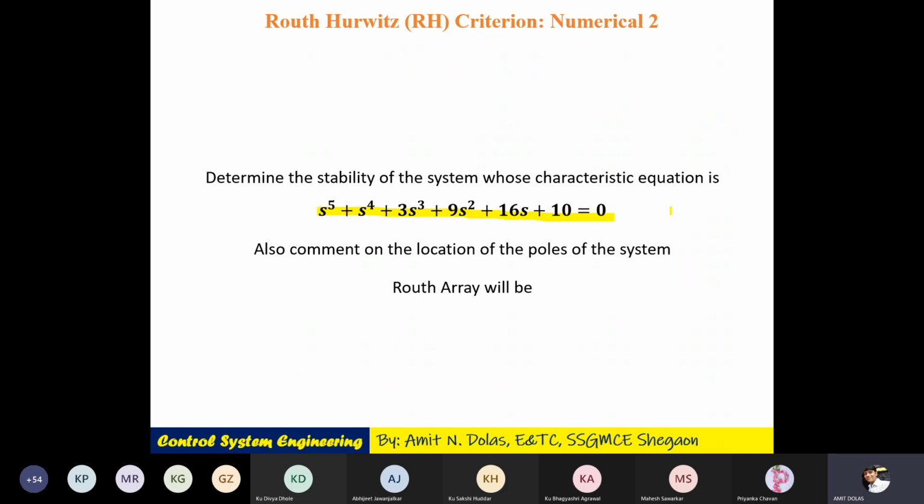I hope you wrote this characteristic equation. I'm going to minimize it. Please check the coefficient. If you make a coefficient wrong, then the complete answer will be wrong.